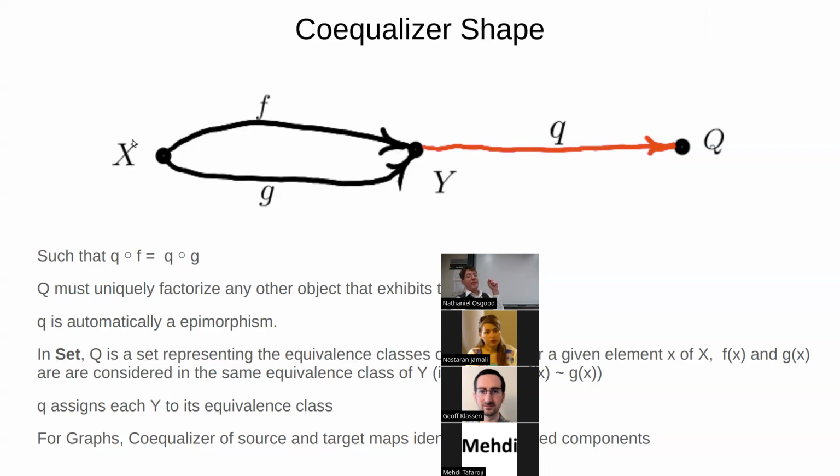So if there's an edge from A to B in X, maybe F maps A to some vertex in graph Y, B to some vertex in graph Y, and maps that edge to some edge between those two.